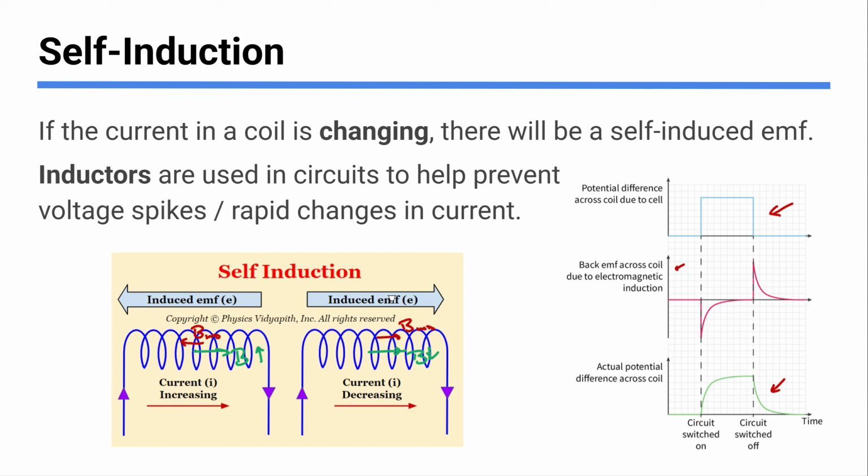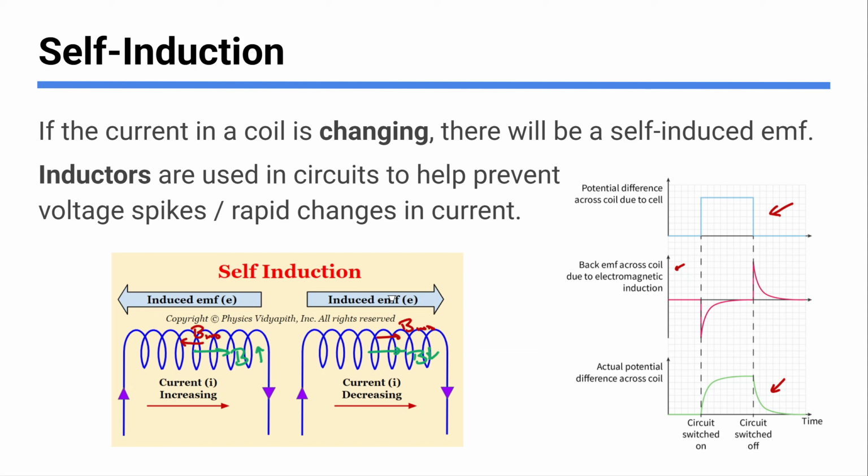And then when you turn the circuit off, rather than immediately dropping to zero, the back EMF will let it slowly drop to zero. Again, we say slowly, this is all happening in fractions of a second usually. But that's the idea, is the self-induction will smooth out these changes in voltage and current that happen, especially if you have like a coil of wire, like an inductor like this.